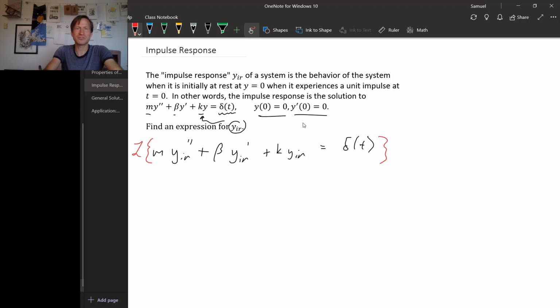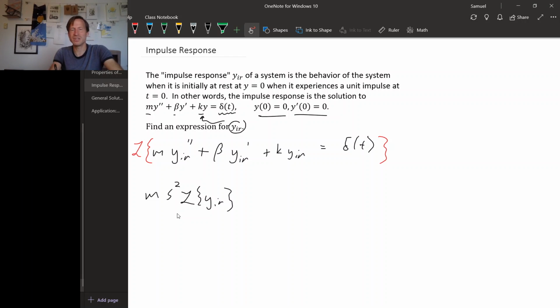So take the Laplace transform on both sides of the equation. On the left-hand side, we get m times the Laplace transform of the second derivative of the impulse response. Because of the initial conditions, the only term that survives is s squared times the Laplace transform of the impulse response.